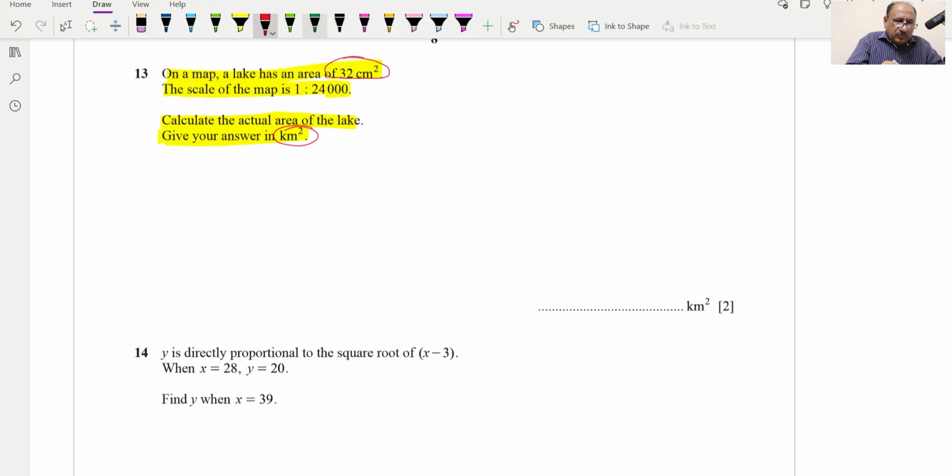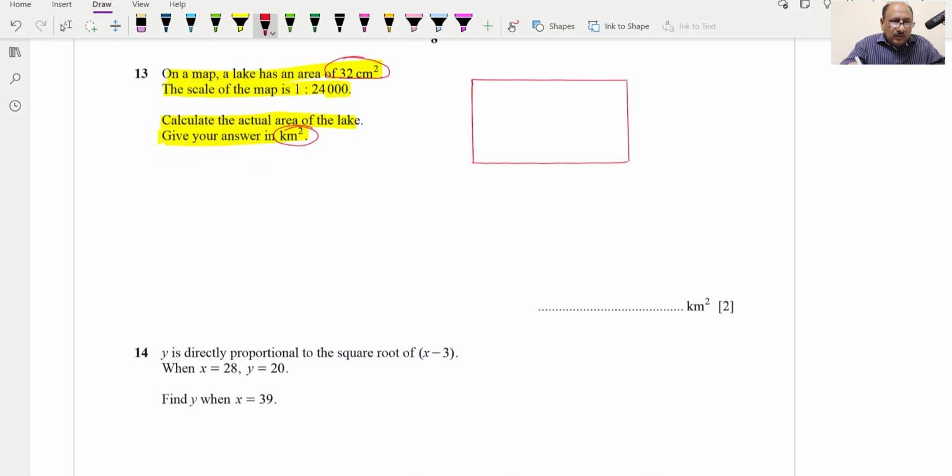So to understand this, we can draw a small diagram, and the easiest technique for this question is to draw a rectangle, because it is said that the lake is in rectangular shape. So we can draw a rectangle like this one.